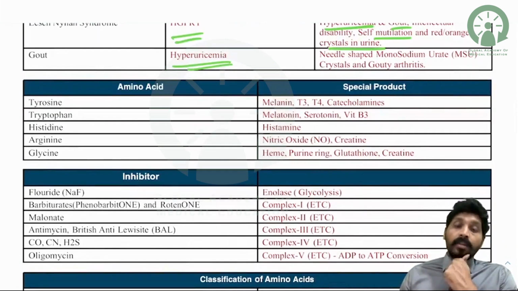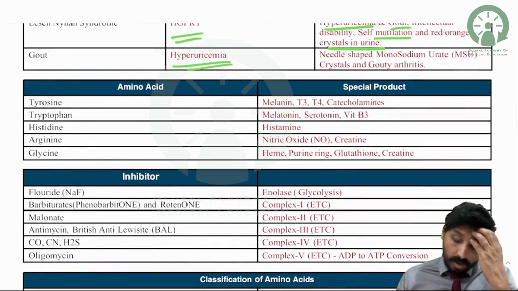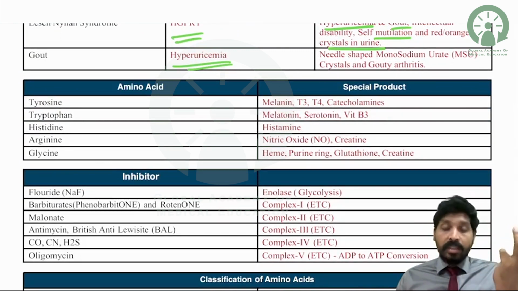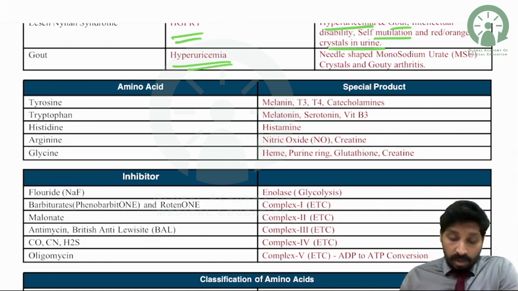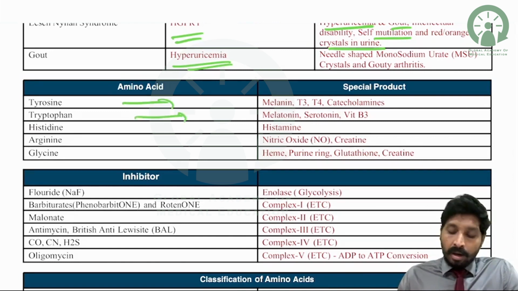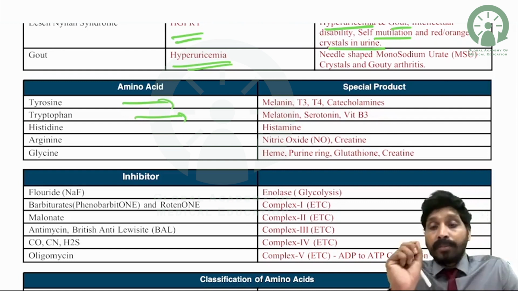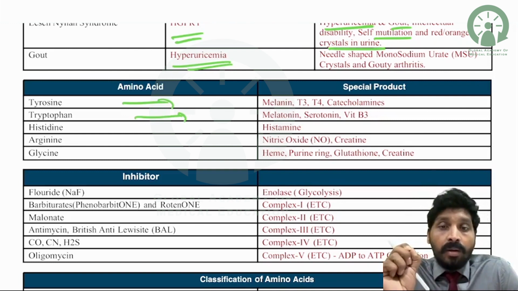And important products that come from amino acids, the specialized products. Phenylalanine gives tyrosine. Tyrosine is useful in making melanin, T3, T4 and catecholamines. Tryptophan is required for melatonin, serotonin, and vitamin B3. Yes, 60 mg of tryptophan is required to synthesize 1 mg of niacin.